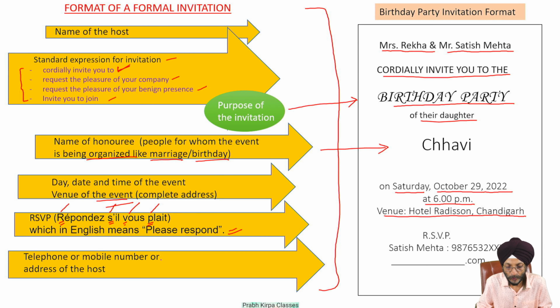Then we have to mention the telephone number, mobile number or address of the host. That is, whoever is inviting you to the birthday party, his name is written and his contact number is written, or his email address may be given, so that the person who has been invited can give his response on this mobile number or on this email address.